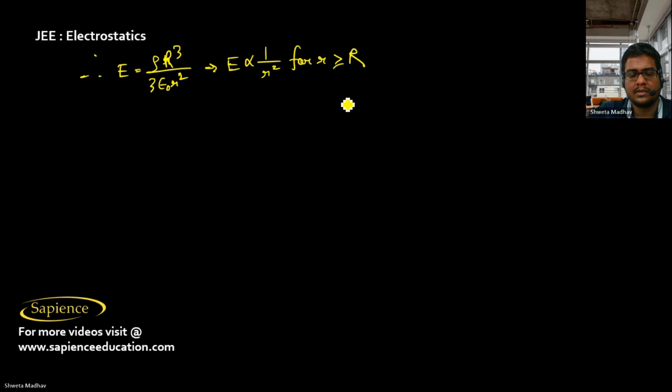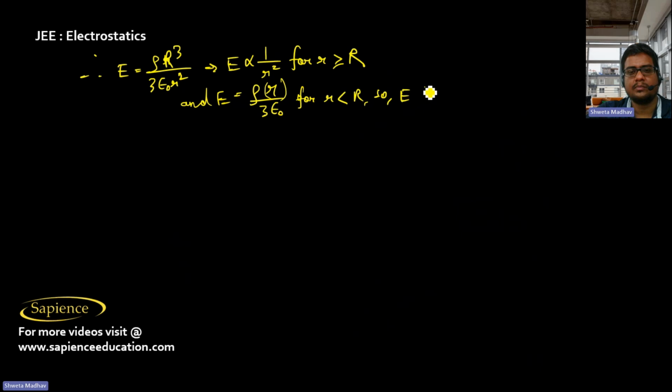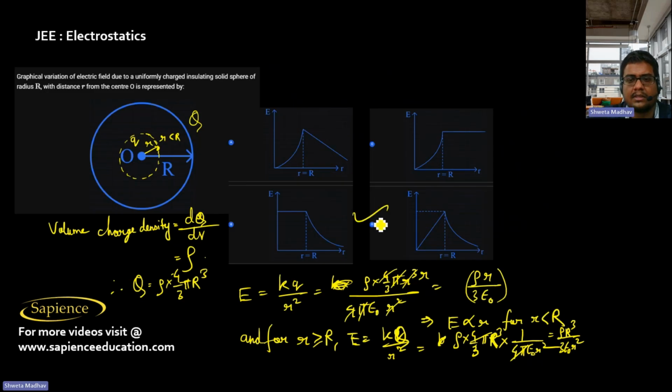Therefore, the electric field is equal to rho R cube by 3 epsilon naught r square. So it means the electric field is inversely proportional to r square for r greater than or equal to R. And the electric field is equal to rho r by 3 epsilon naught for r less than R, so it is directly proportional to r for r less than R. Therefore option D is the correct answer.